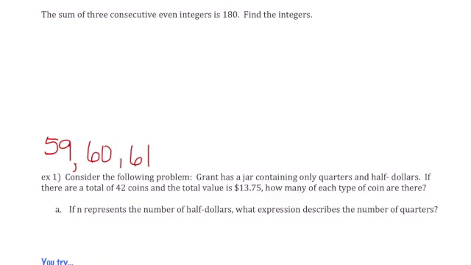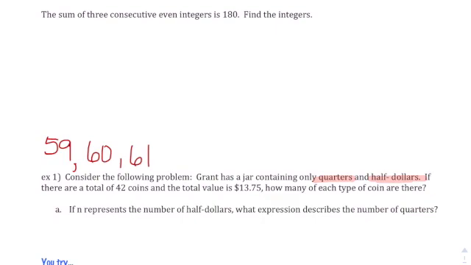The one question they are asking is, if n represents the number of half dollars, what expression describes the number of quarters? So you only have two types of coins, quarters and half dollars, and the total is 42 coins.